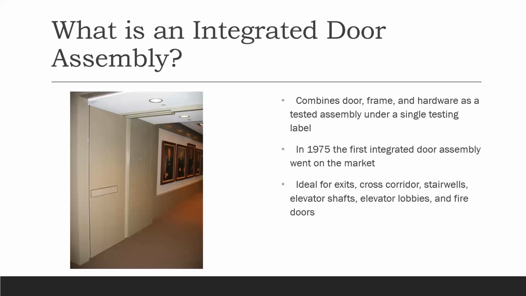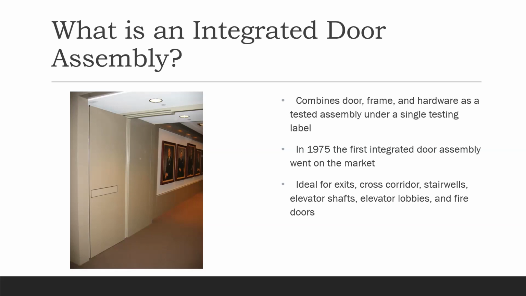All right, so what is an integrated door assembly? Well, an integrated door assembly is going to combine the door, hardware, accessories, and sometimes the frame as a completely tested assembly. And so essentially, the hardware doesn't need to be labeled separately because the components of the system are all tested together under a single testing label.